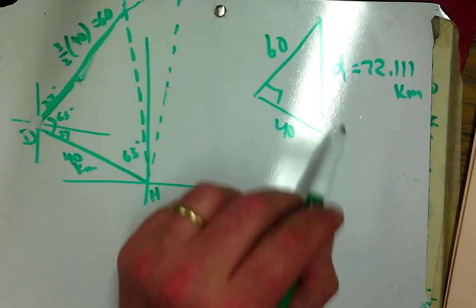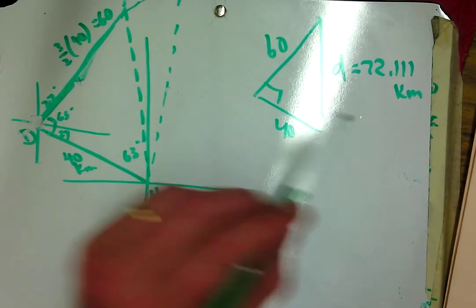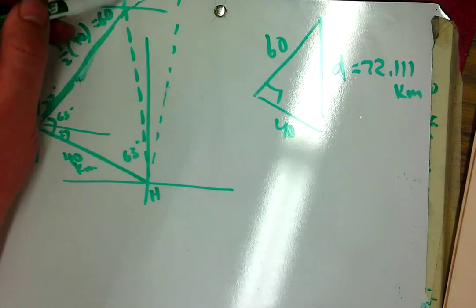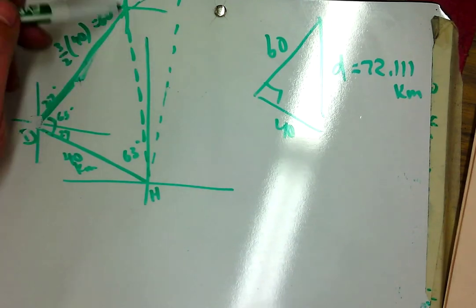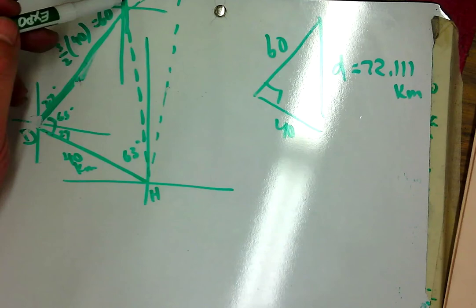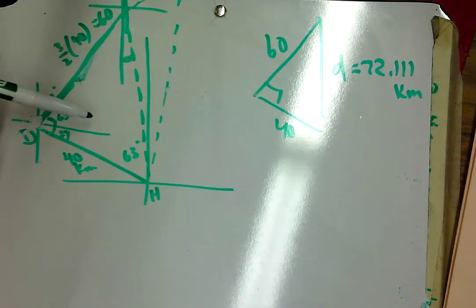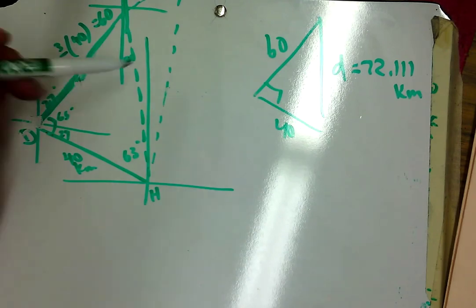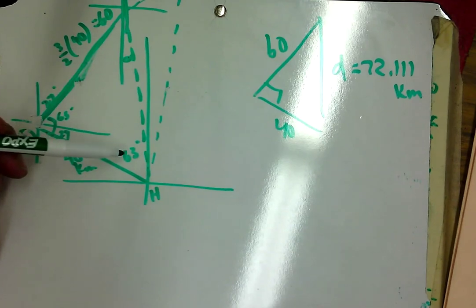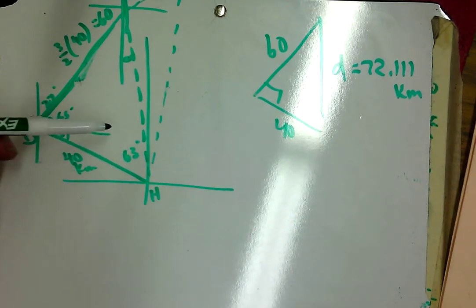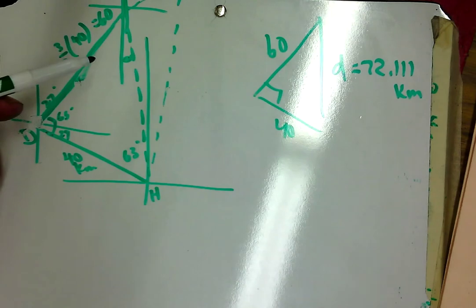Now, what about the bearing he needs to take? So if I draw a compass rose up here, it looks like this is the bearing. So, what do we know?